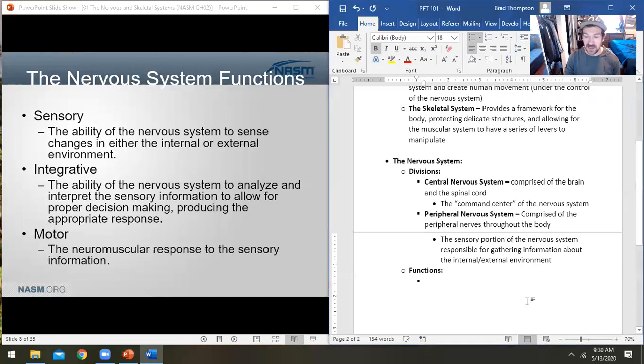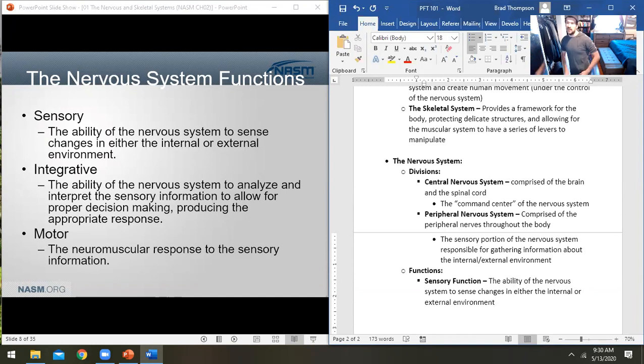So the first one is going to be sensory function, right? Sensory function is the ability of the nervous system to sense changes in either the internal or external environment. So again, this is gathering information about what's going on.